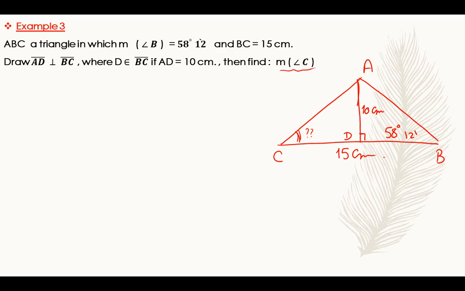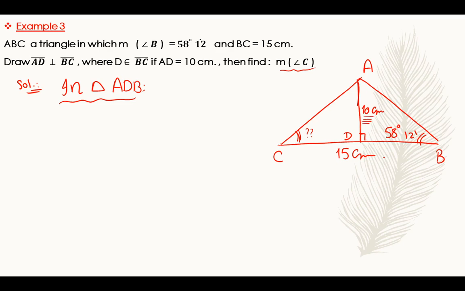Solution. In the triangle ADB, we know the measure of angle B and we know the length of the opposite side, which is AD.